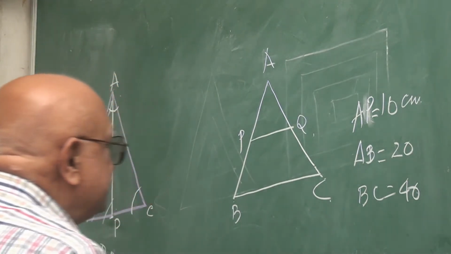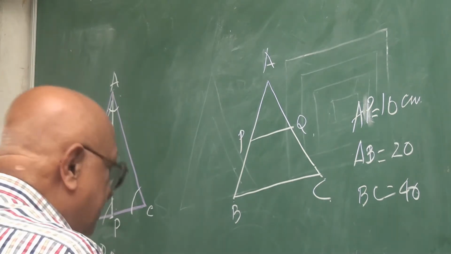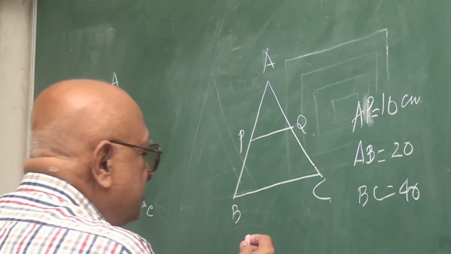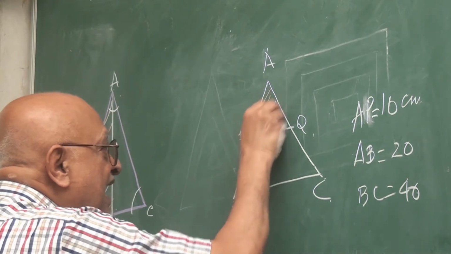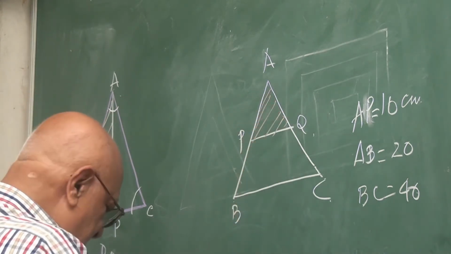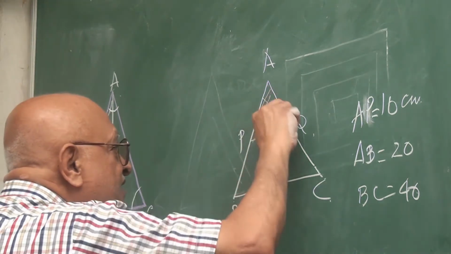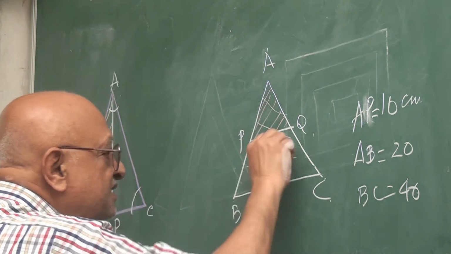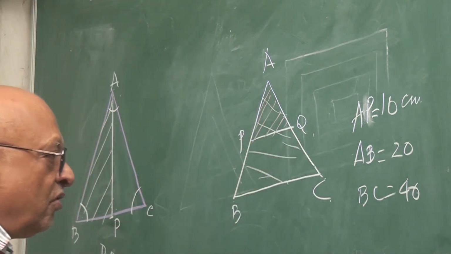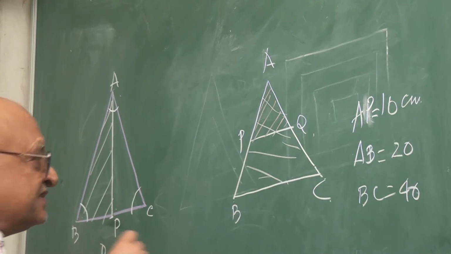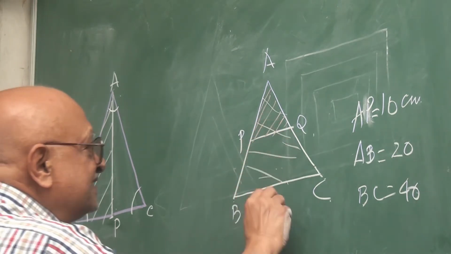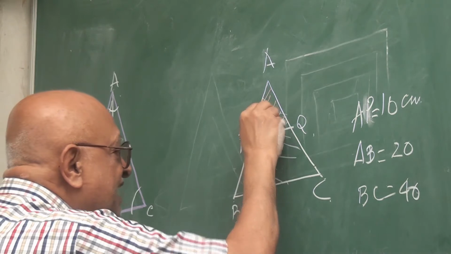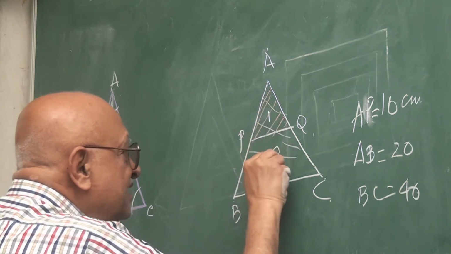Let us see these two triangles. The top one is a triangle, and the bigger triangle I will draw like this. Let us take this as triangle 1 and this as triangle 2.